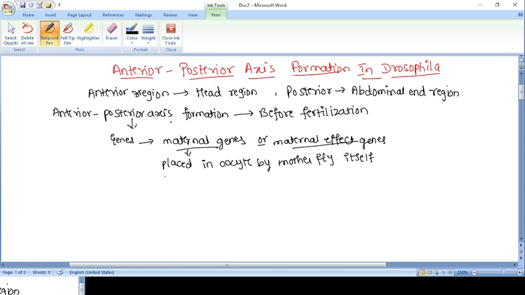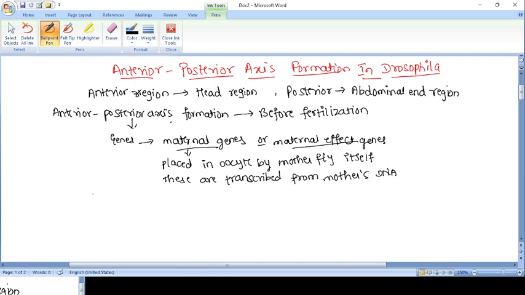And these genes are transcribed from the mother's DNA. Hence the name maternal genes or maternal effect genes.